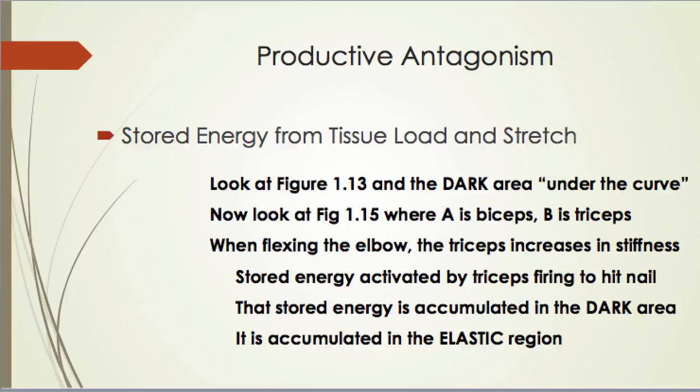That area under the curve is then converted to stored energy, so that when we fire the triceps, we get a quick little stretch and an augmentation of that triceps force, because we've created energy within the triceps as we've put strain on it.